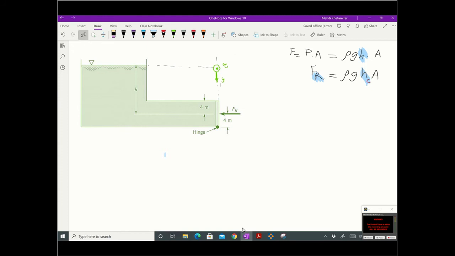So this is our gate. This is our hinge. Let's call it capital H. From the center, we have just Fh, which we know the magnitude, and this distance is 4. We know Fr must be lower than Fh, so that is why you draw it a bit lower.